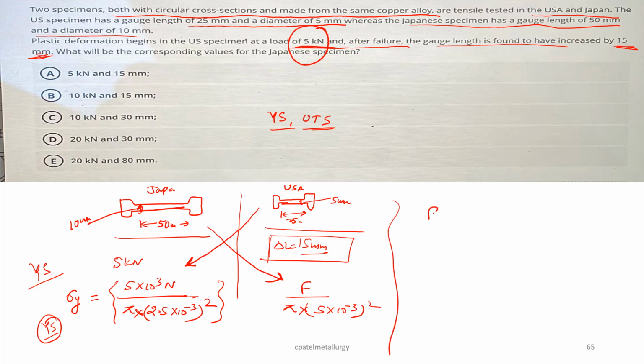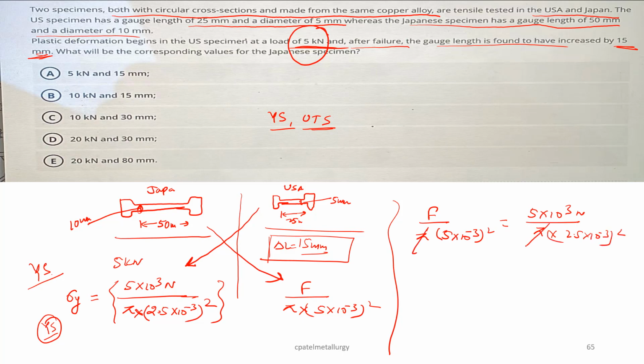So F by pi into 5 into 10 power minus 3 whole square is equal to 5 into 10 power 3 Newton by pi into 2.5 into 10 power minus 3 whole square.